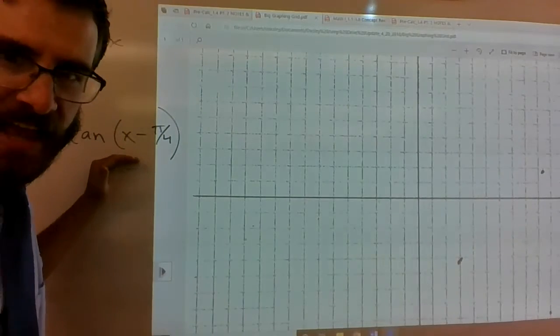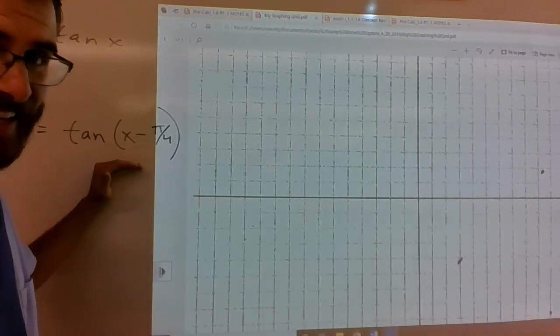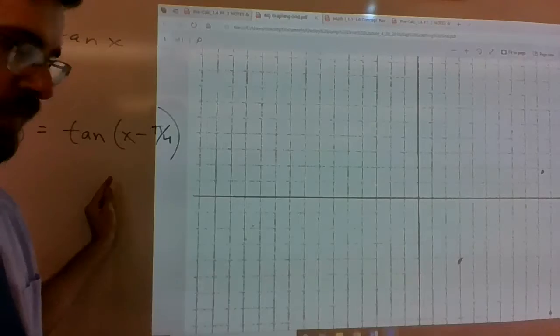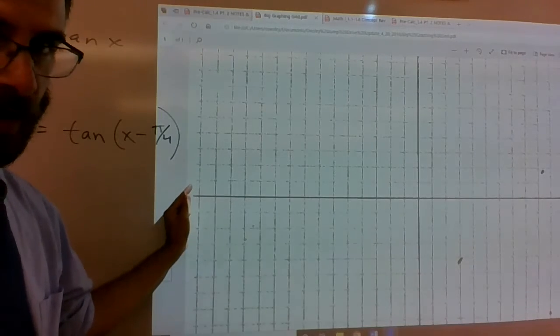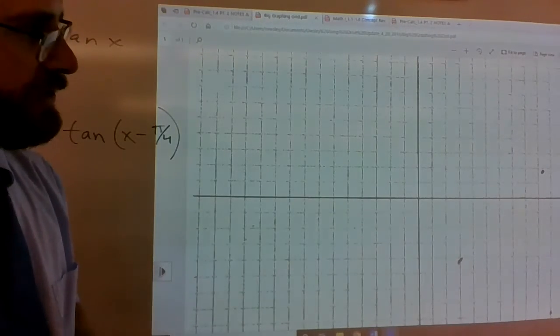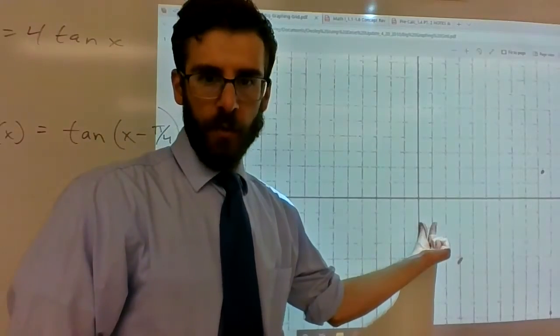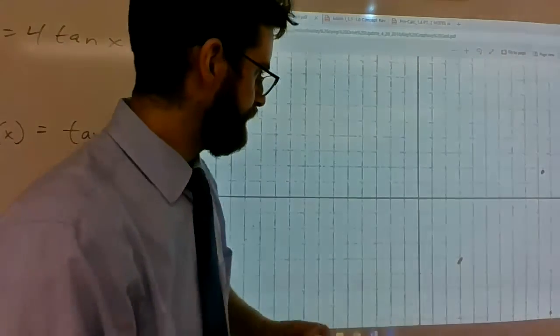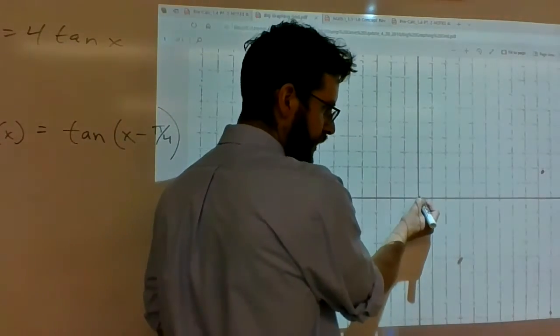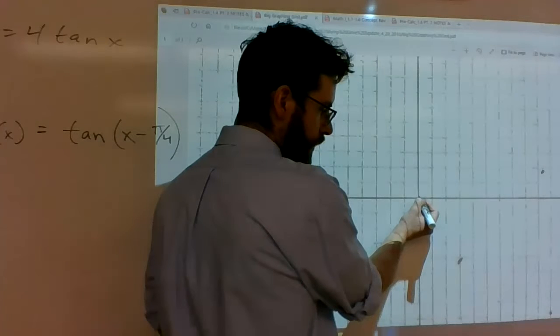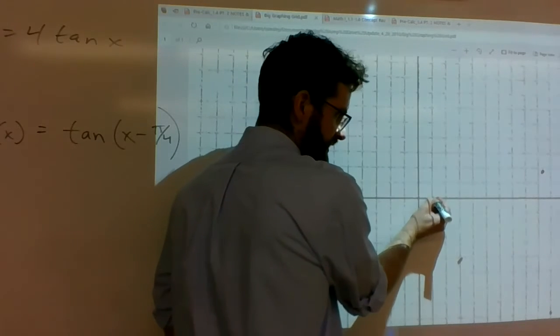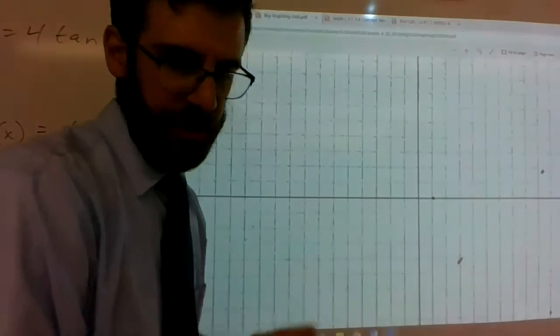It shifts every point and every asymptote right pi over 4 units. So each of these little blocks represents a pi over 4. You're supposed to start at 0 with a 0 y value. That's now over here, pi over 4 units shifted right.